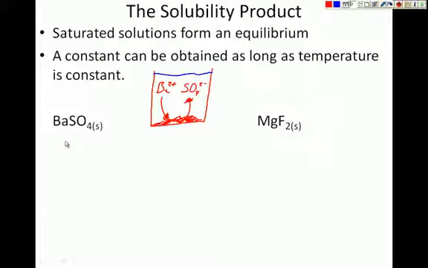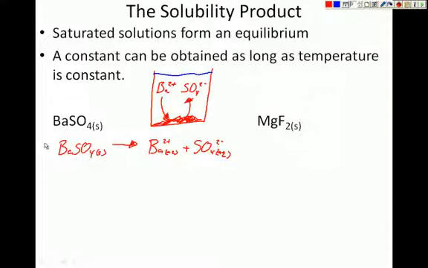So let's take a look at this equation. Again, we have BaSO4 solid, and that is dissolving and becoming, just like the picture above, barium ions and sulfate ions, aqueous and aqueous.